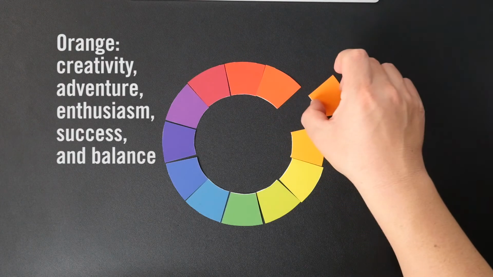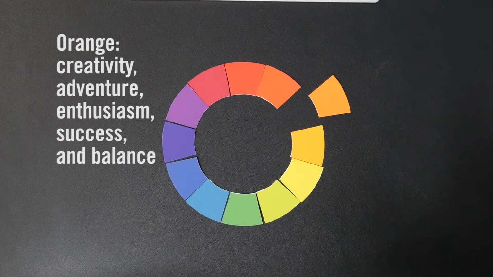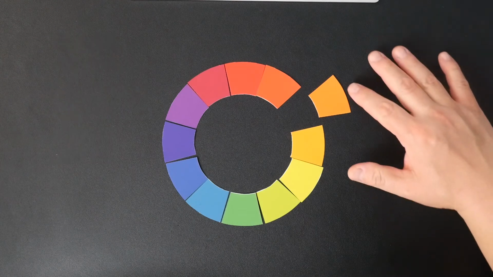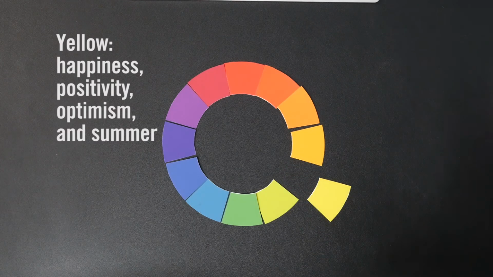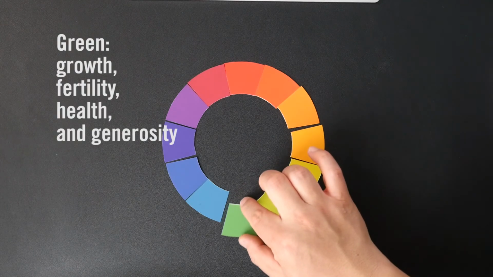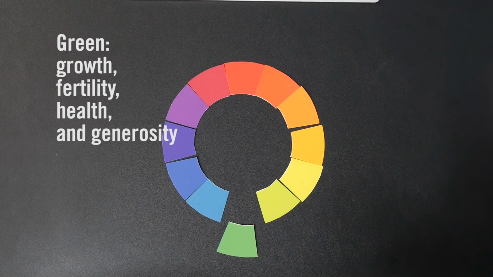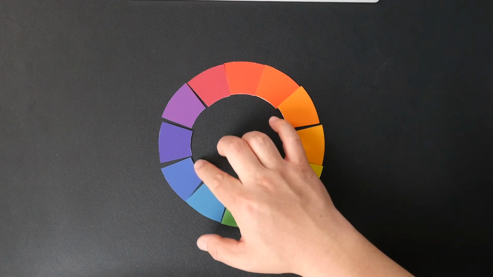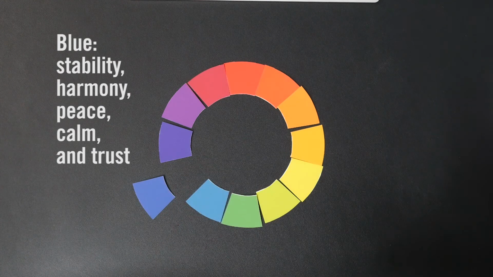Or if you have orange, orange is for creativity, adventure, enthusiasm, success, and balance. And then you have yellow, which represents happiness, positivity, optimism, maybe even the summer. And then you have green, and green represents growth, fertility, health, and generosity. Then you have blue. And blue represents stability, harmony, peace, calm, and trust.